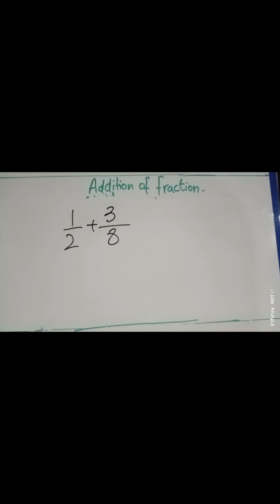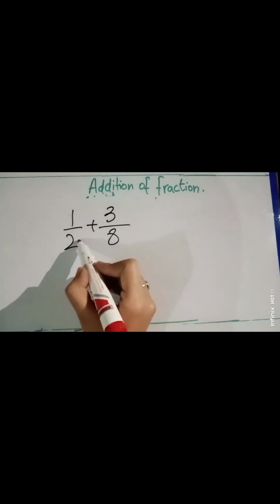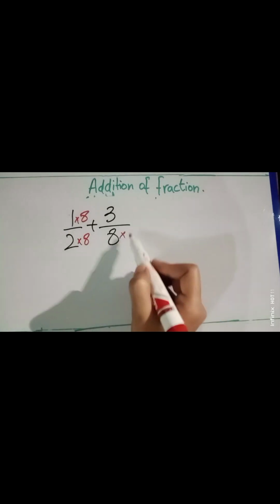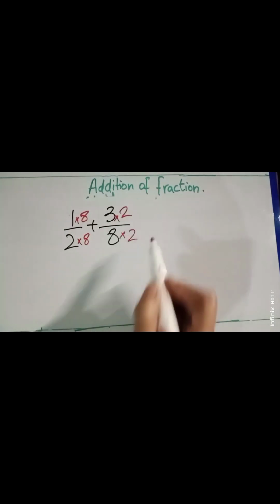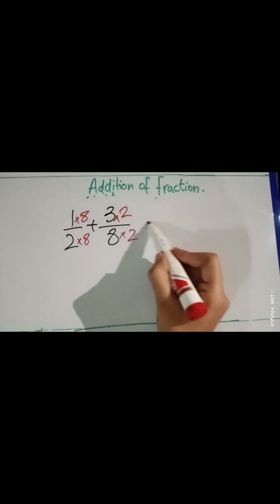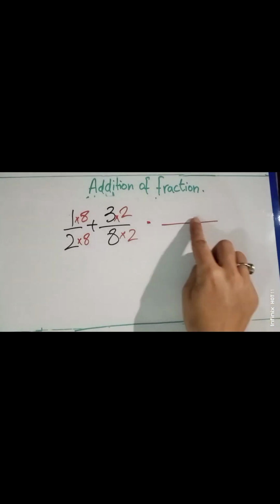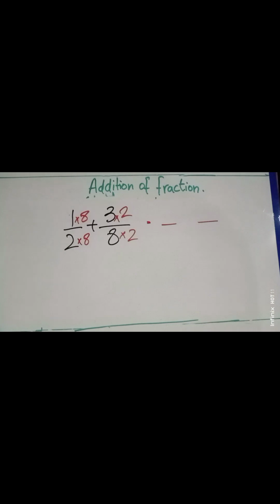To make them the same, we will choose a table and multiply them with it. Let's multiply this side by 8 and this fraction by 2, because our focus is just to make the denominators the same.